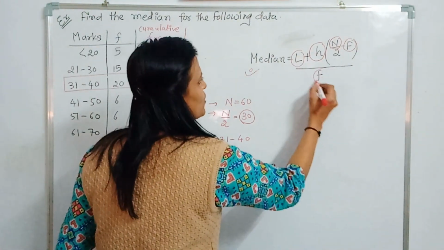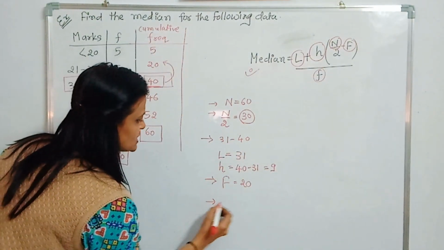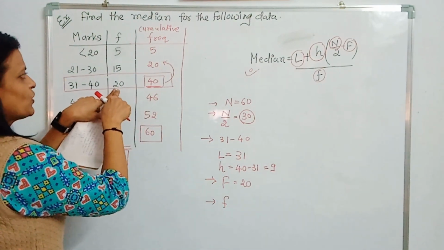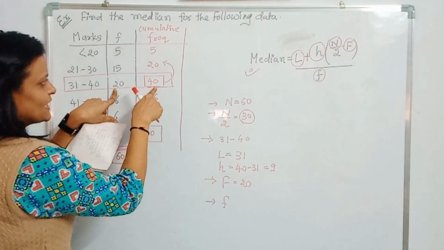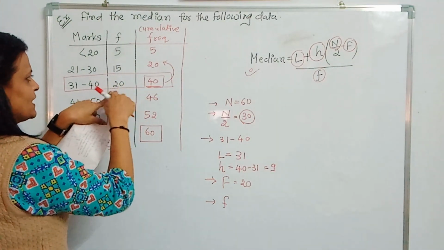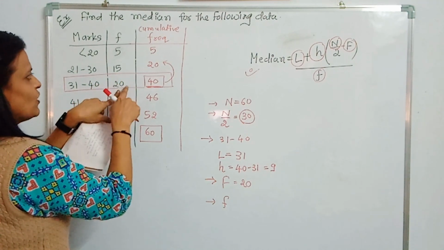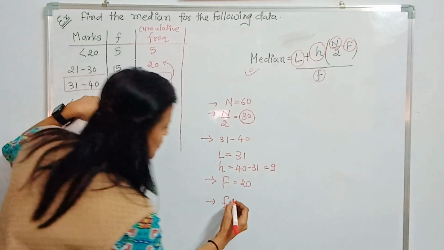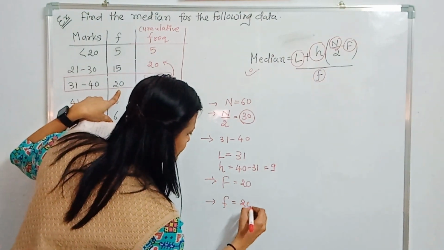Now small f represents the frequency corresponding to the selected cumulative frequency. Here our frequency 20 belongs to the selected cumulative frequency 40. So small f will also be 20.